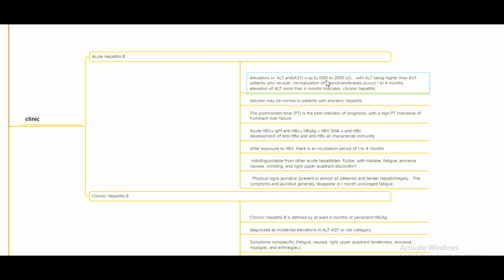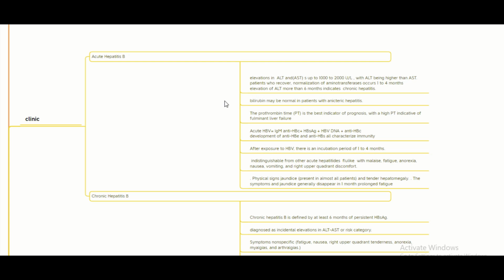ALT will be higher than AST, and in the patients who recover, who don't go into chronic hepatitis, the normalization of ALTs and ASTs will be within 1 to 4 months. It can be a bit faster if the patient is receiving detoxification therapy. If the ALT is stably high for more than 6 months, this indicates that we have transitioned into the chronic phase.